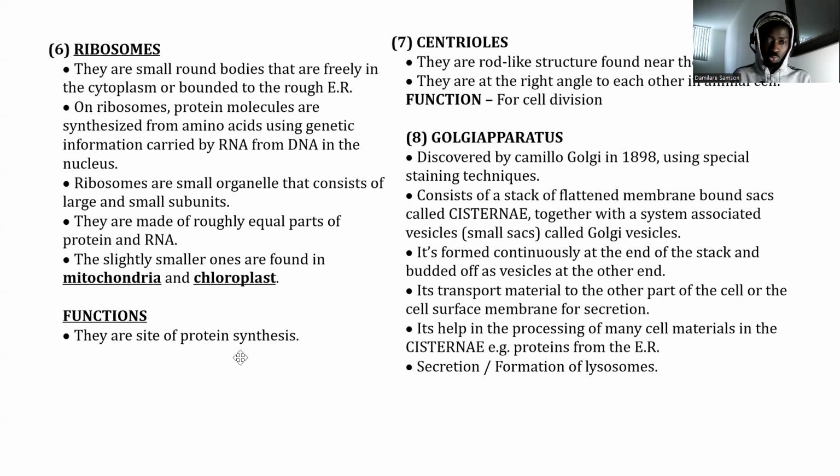The slightly smaller ones are found in mitochondria. So if you are looking at the smaller ribosomes, you will see them inside the mitochondria and the chloroplast. Functions now, they are sites of protein synthesis, basically.